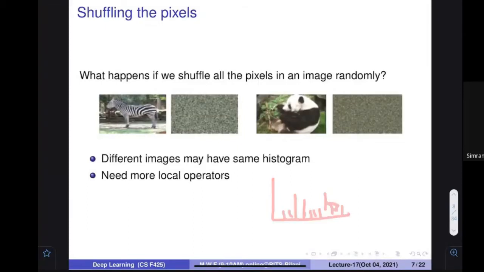But now I am going to give you another image, where this zebra image has been randomized, meaning all the pixels are randomized. This pixel has been sent somewhere else, that pixel somewhere else, and by this you get this image.